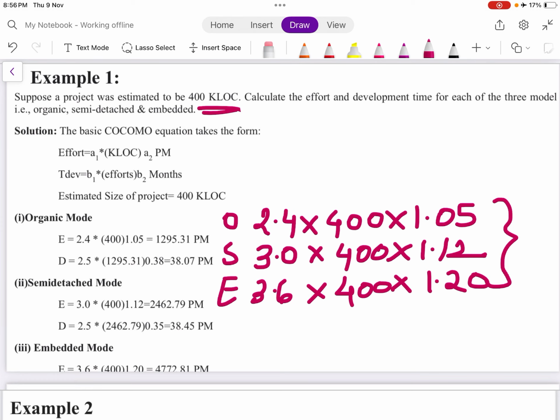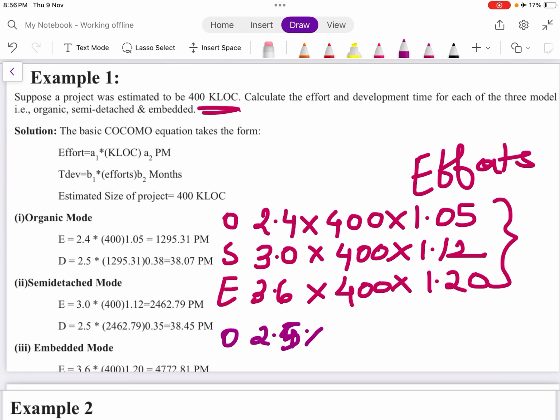These are your formulas for calculation of effort. Once you get effort, how will you find development time? For organic, it will be 2.5 into effort for organic, which is 1295.31, to the power 0.38.